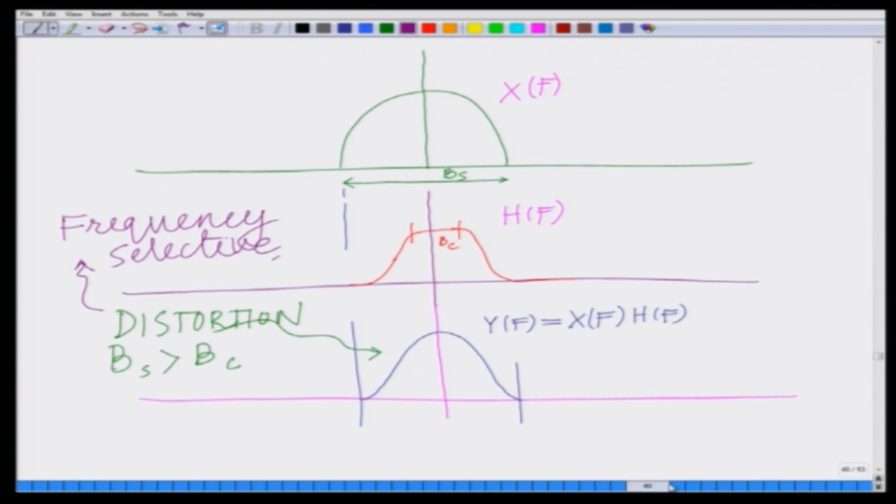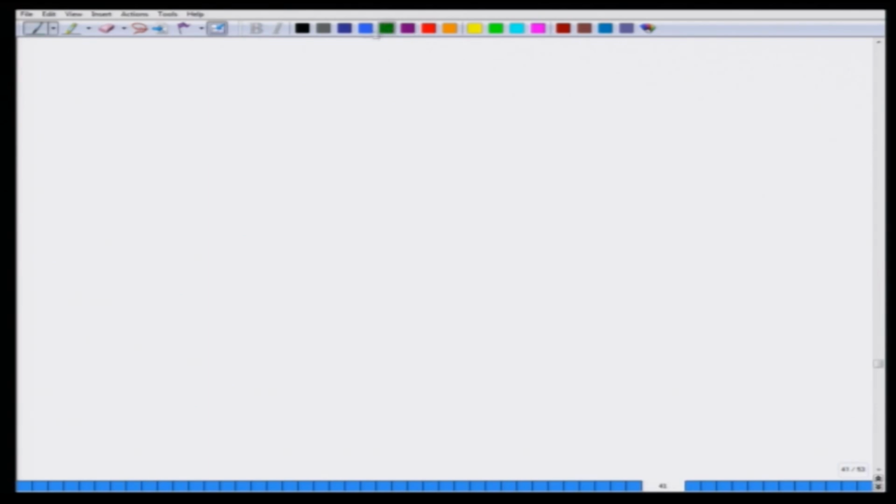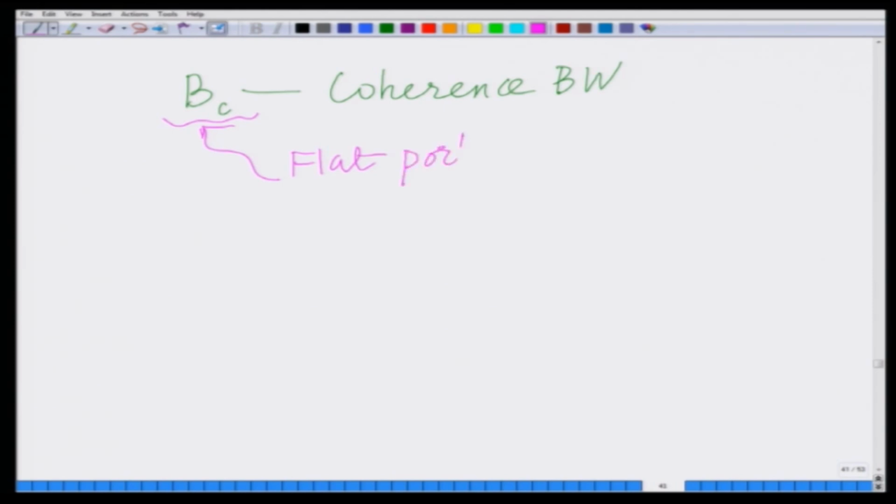So, we have two scenarios here. First, we have defined the coherence bandwidth, and we have said this is basically equal to the flat portion of the channel bandwidth.